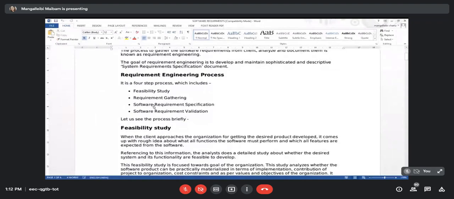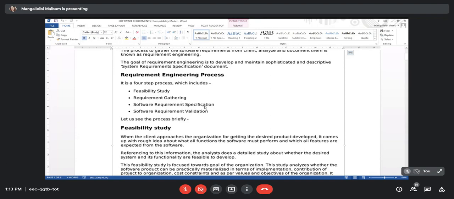When it is asked what the requirement engineering processes are, you have to answer these 4. The software requirement specification part was done in our last class.